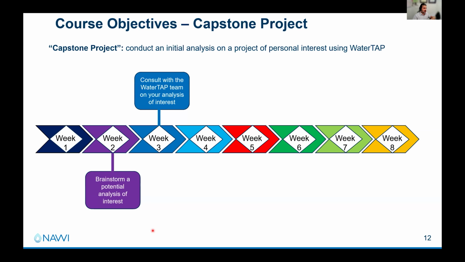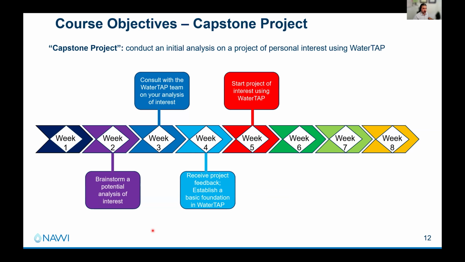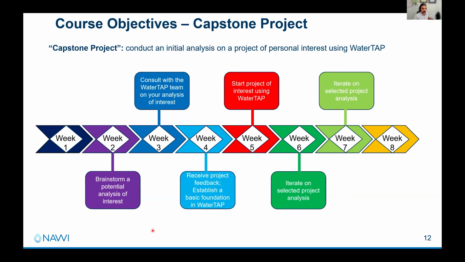We asked them to consult with us to get feedback on whether that would be viable within the timeline. We sent that feedback to them, and then weeks 5 through 8 is when they would work on that analysis. By the end of the course, we didn't tell people you had to be done with the analysis. It was pretty loosey-goosey. We just wanted people to apply what they were learning to real projects of interest.